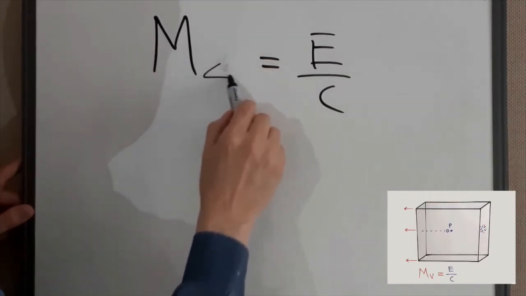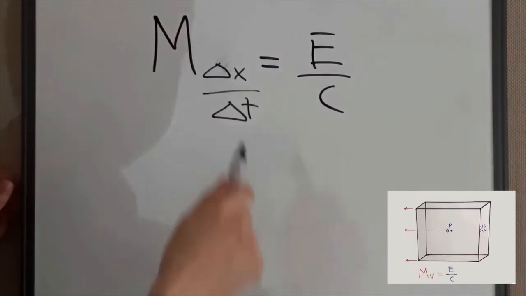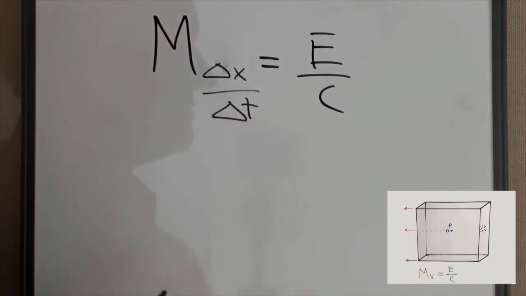So what is velocity? Velocity is change in distance over change in time.